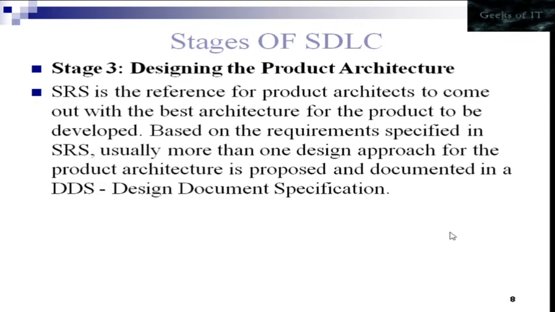Stage 3, defining the product architecture. This is also called the designing stage. In this stage of system development life cycle, we use SRS as input, and on the basis of the software requirement specification document, the product architect designs the best architecture of the product to be developed.